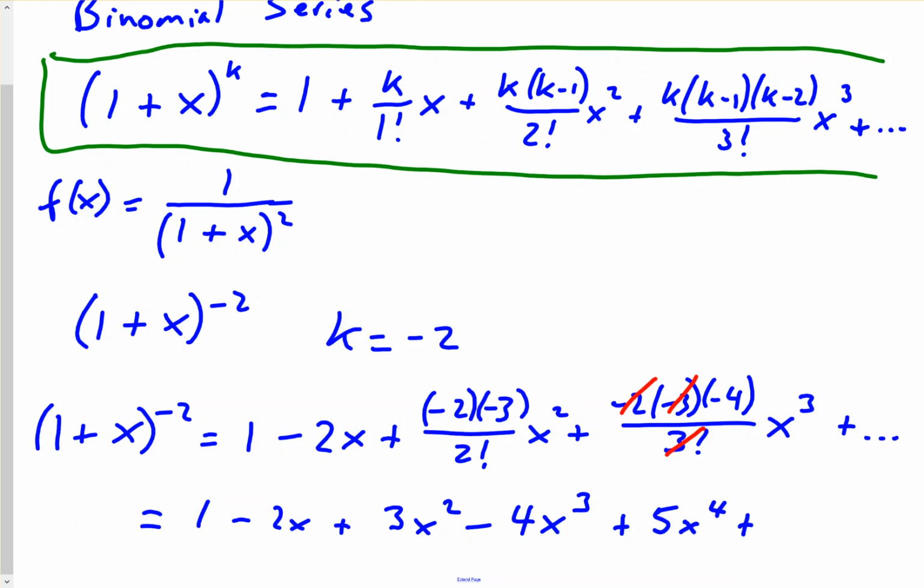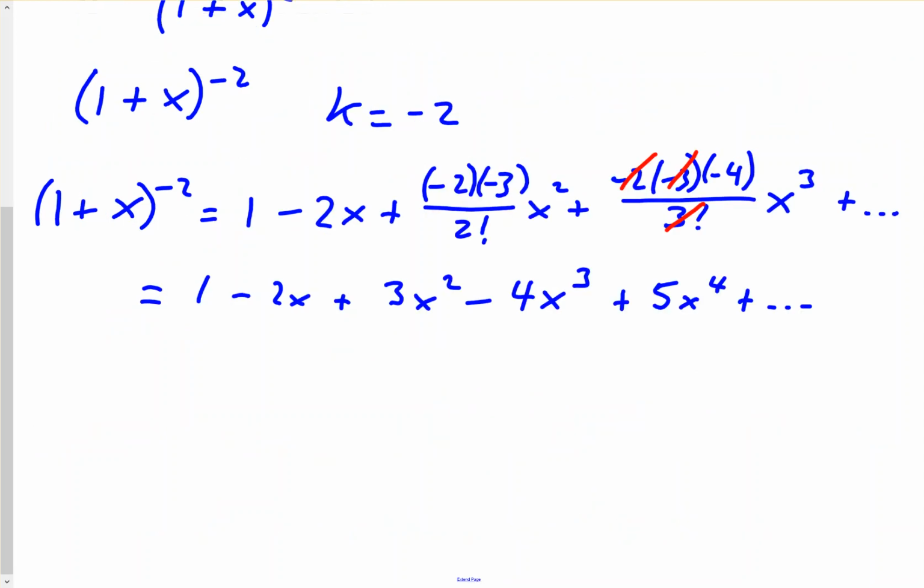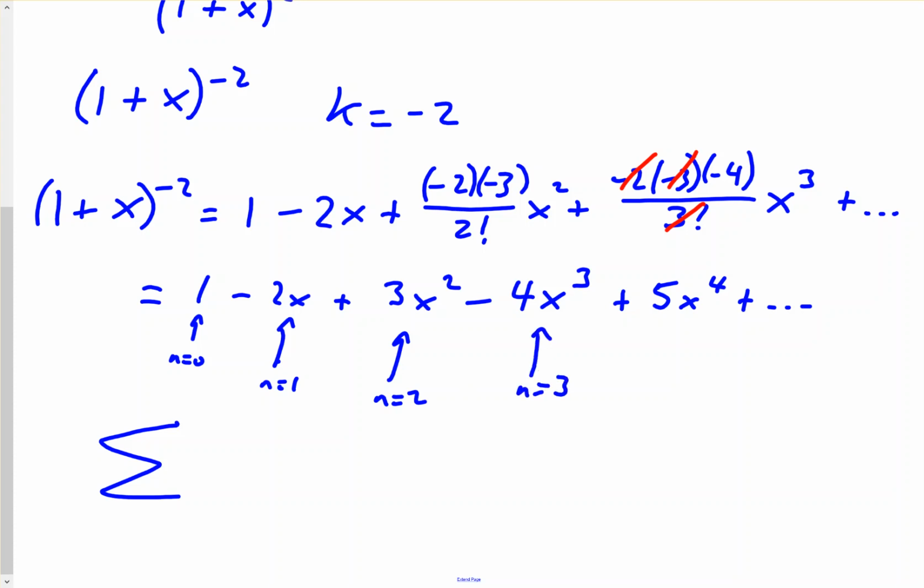So how can we express this in sigma notation? Well, let's remember this first one is n equals 0, this is n equals 1, this is n equals 2, so on and so forth, n equals 3.